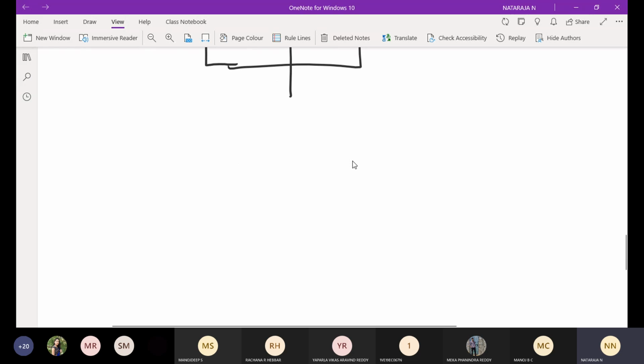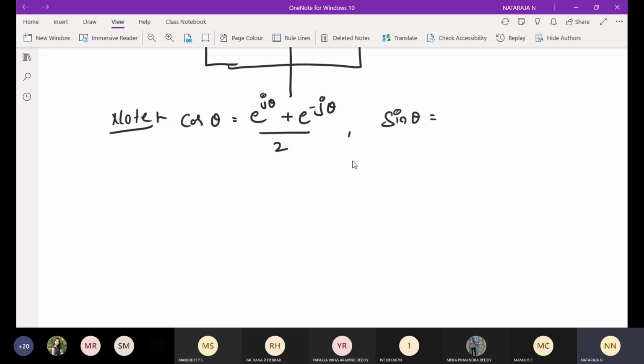Next, make a note. Cos theta is equal to (e power j theta plus e power minus j theta) divided by 2. Sin theta is equal to (e power j theta minus e power minus j theta) divided by 2j.